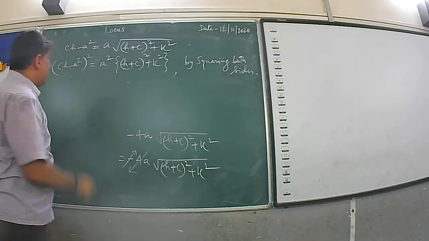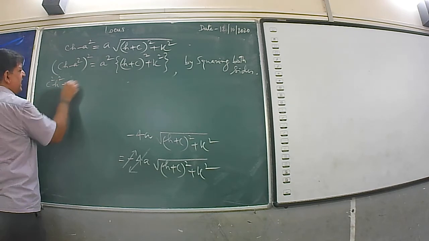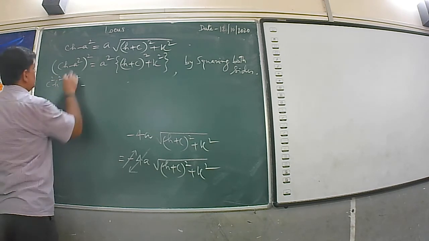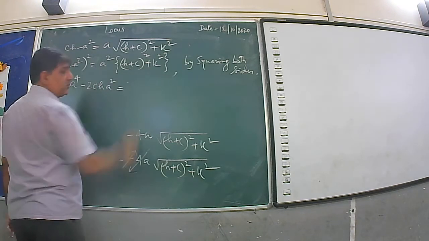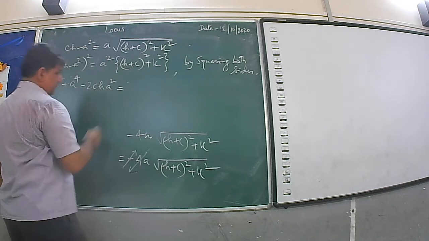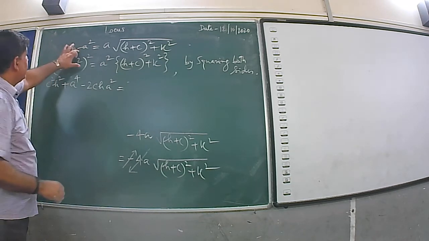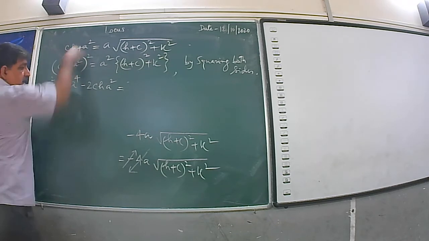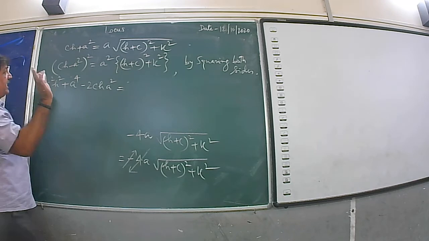Here open this square. It becomes c square h square plus a power 4 plus 2 c h a square is equal to. Now what will you get here? Sorry boys, in the bracket we will get ch plus a square. What we have done earlier, there was a mistake here.